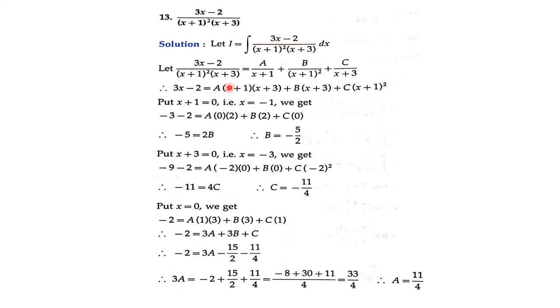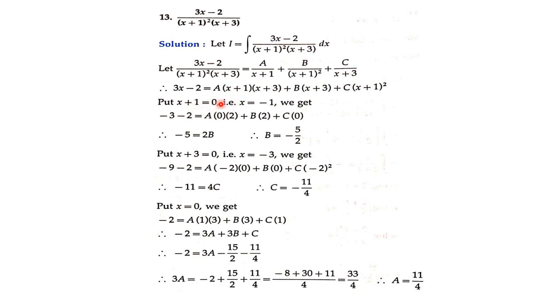Now to obtain the values of A, B and C, we have to make the terms zero one by one, that is, either A or B or C zero one by one. For that purpose, put x + 1 = 0. Which term we have to make zero, we can find out using this method.